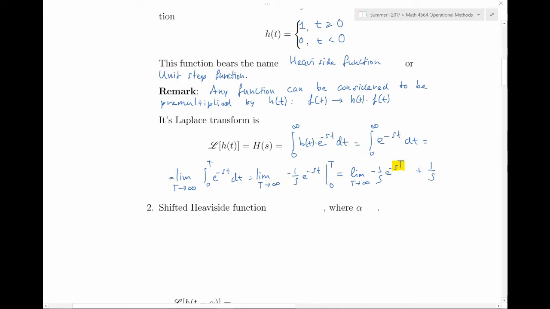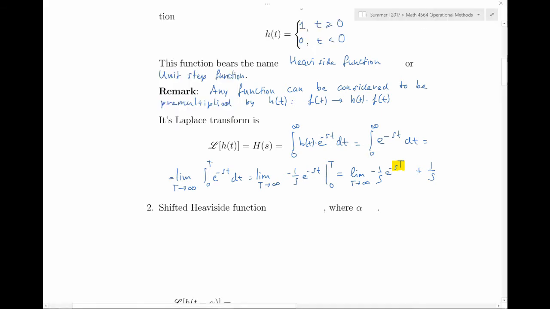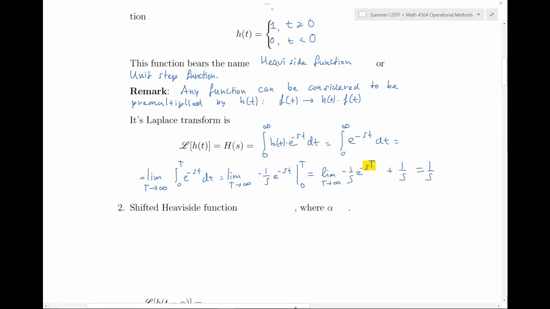For s being positive, this limit is defined, because when t goes to infinity, this is going to be e to a very, very negative power, which is very, very close to 0. So I should say that only for s greater than 0, this limit is 1 over s, and I should add: only for s greater than 0.